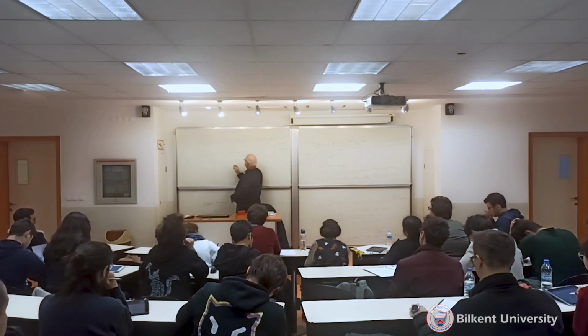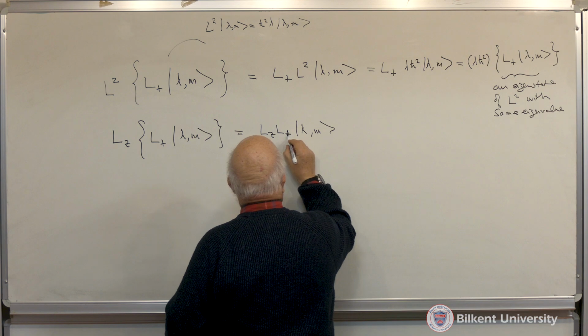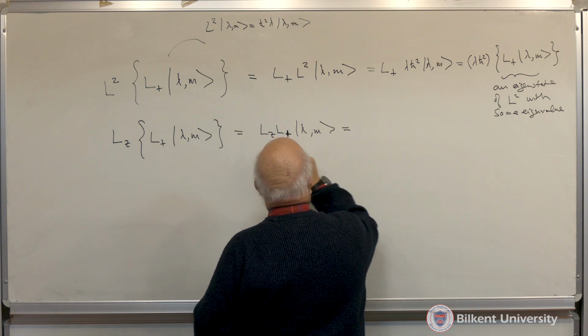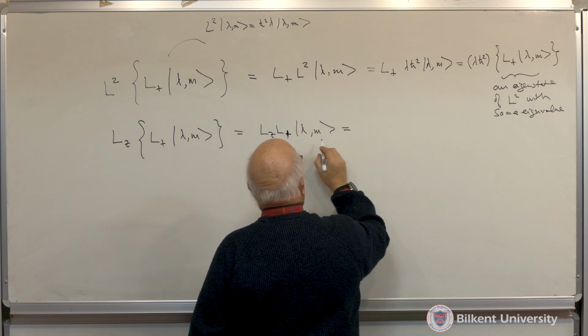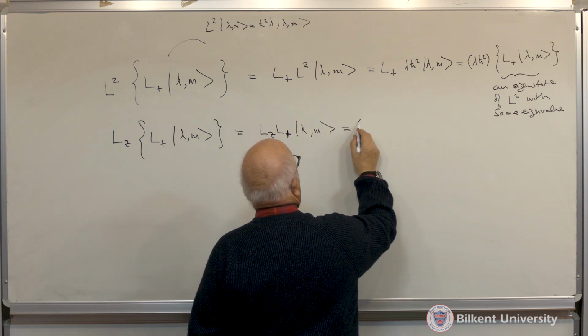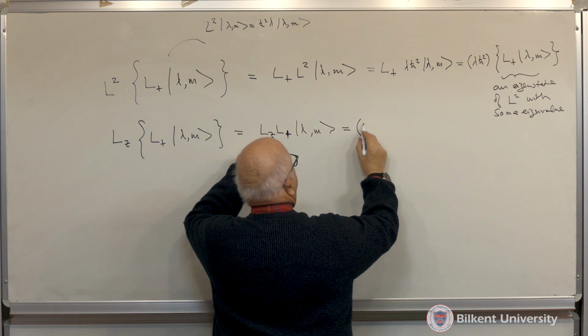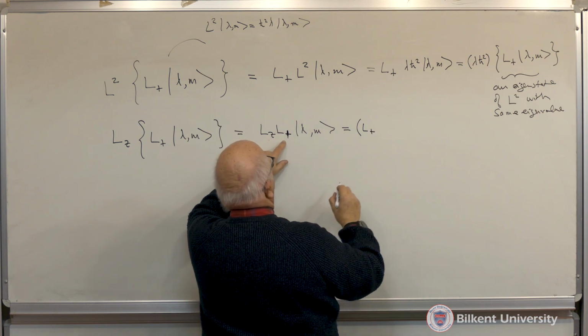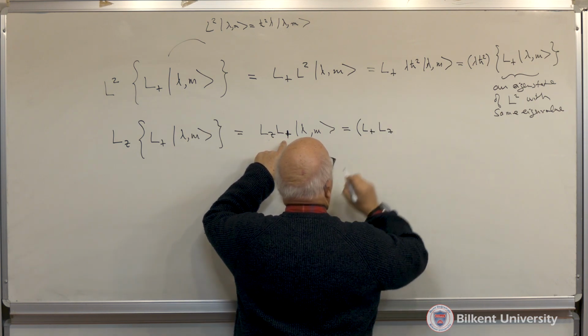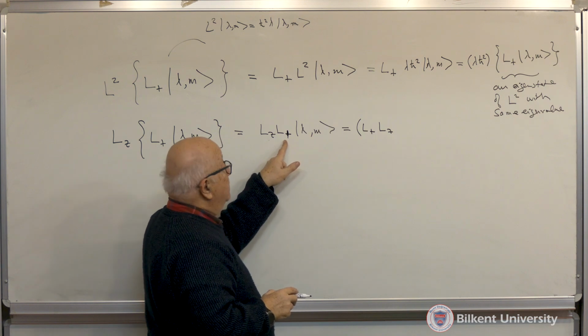So let me do that commutator. I'm going to replace these things. How do I do it? I interchange them, L plus Lz. What do I add to it?